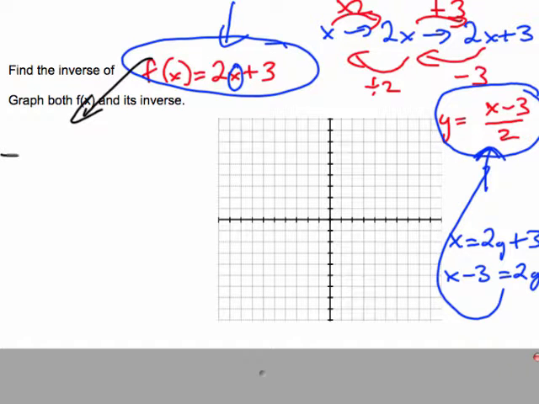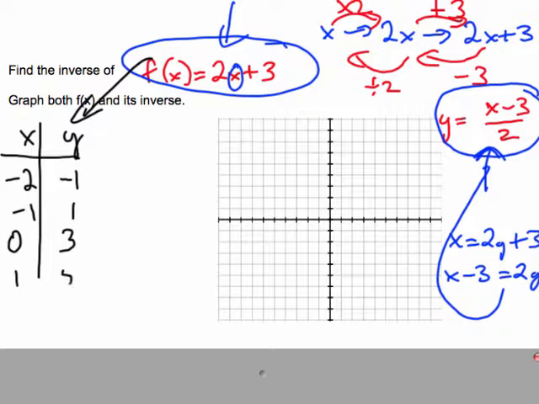So for this function, which is linear, we know, if we take some points and graph them, my graph is going to look something like that.